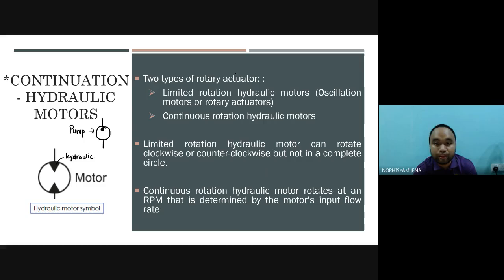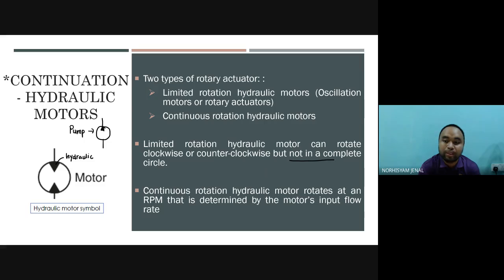Alright, so two types of rotary actuator. Limited rotation, which is oscillation motors or rotary actuators. It moves into a certain degree and then stops, it turns back to another rotation. It means we are having limitation. Number two is continuous rotating, meaning it continues like this. Okay, limited rotation hydraulic motor can rotate clockwise or counterclockwise but not in a complete circle.